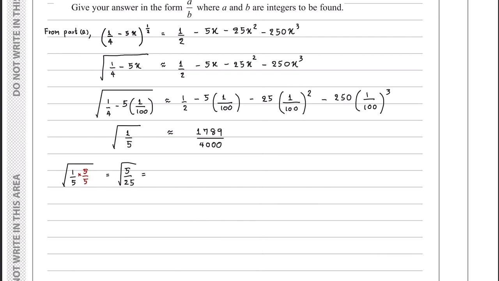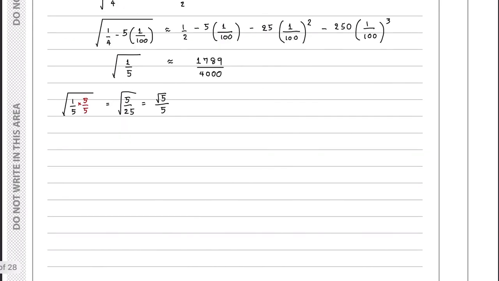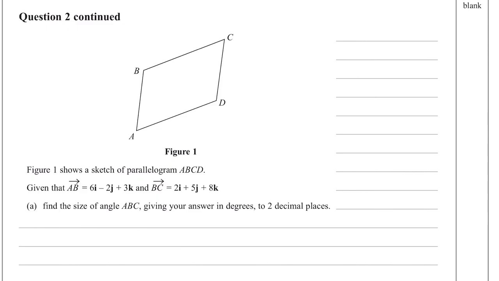And this one will be square root 5 over 5. So that means square root 5 over 5 is this term. And if we want to approximate the square root of 5, we can just move the denominator to multiply this term times 5, and it will be 1,789 divided by 800.